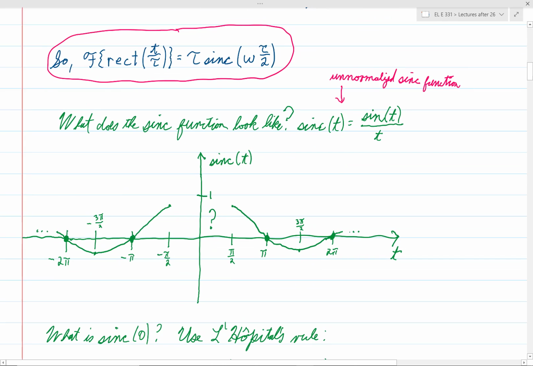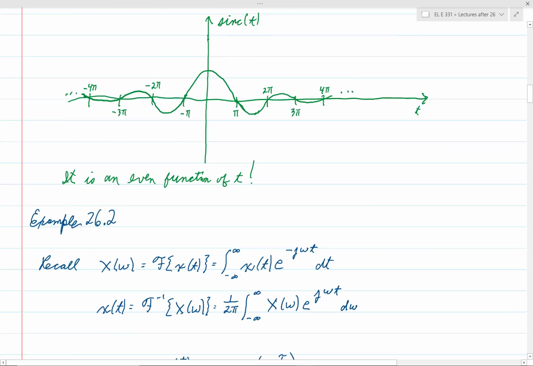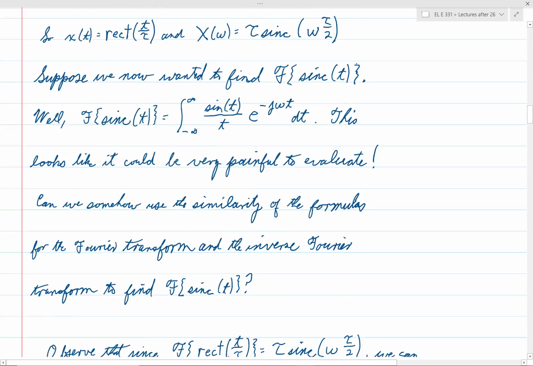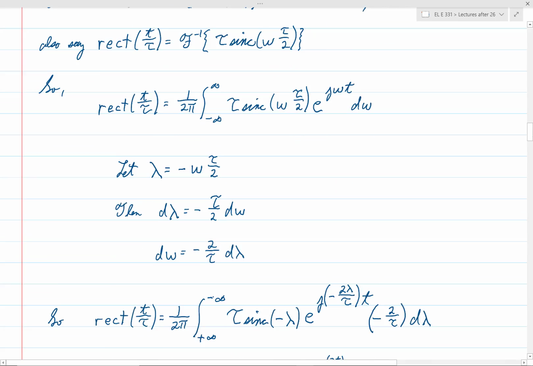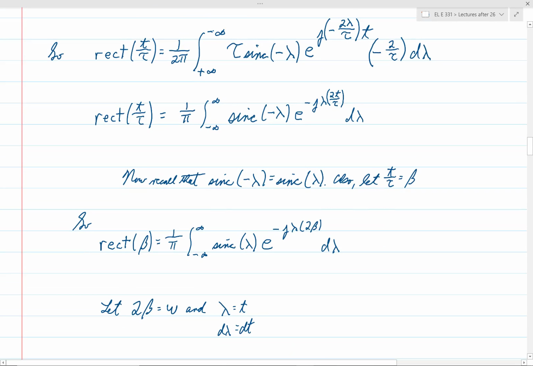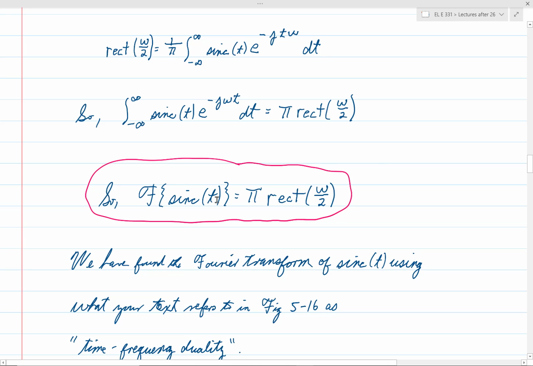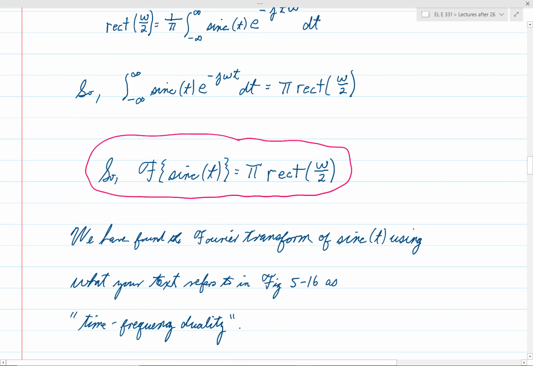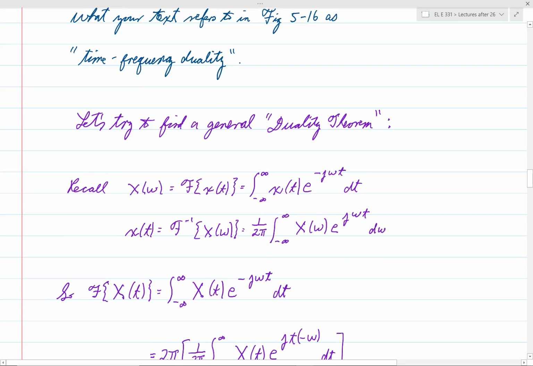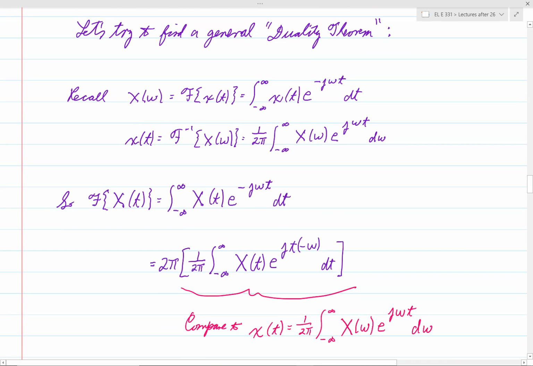But then we wanted to know what happens if we take the Fourier transform of the sinc function in the time domain, and what happens is we get a rect function in the frequency domain. That's the duality part. So let's see how this happens in general.